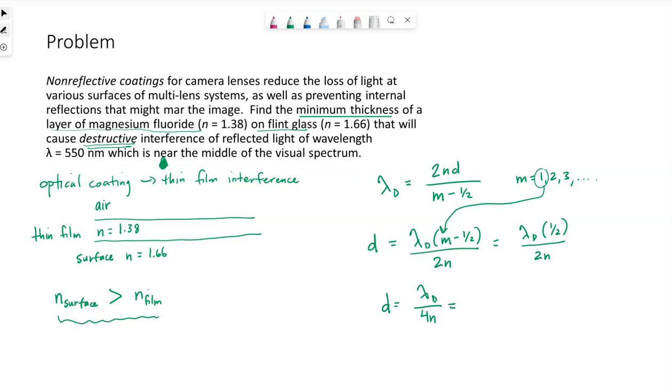So they've asked us to find the minimum thickness to cause destructive interference for light of wavelength 550 nanometers. And then n is always the index of refraction of the film. So 1.38 is our film in this case.